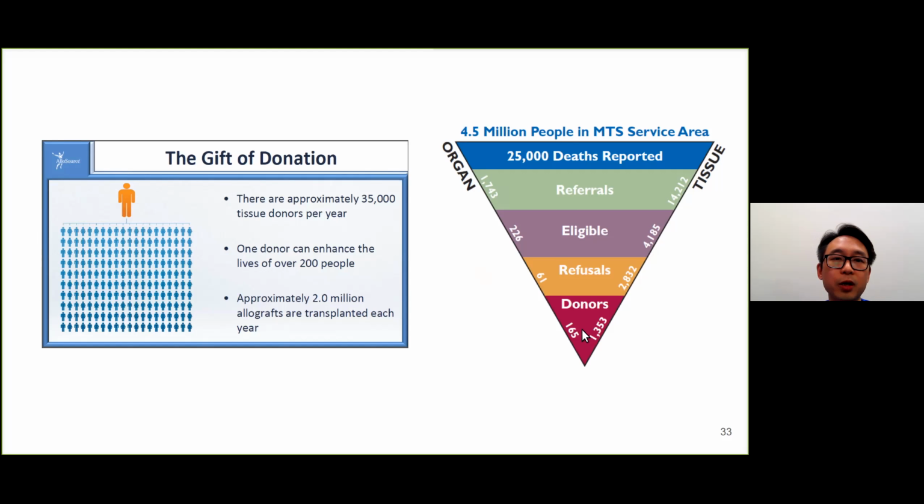The graphic on the right, which I had shown on an earlier slide, points out that there are almost 10 times the number of people who are able to donate tissues as opposed to organs. And in St. Louis yearly, there are, again, about 150 to 200 organ donors yearly and over 1,300 tissue donors.